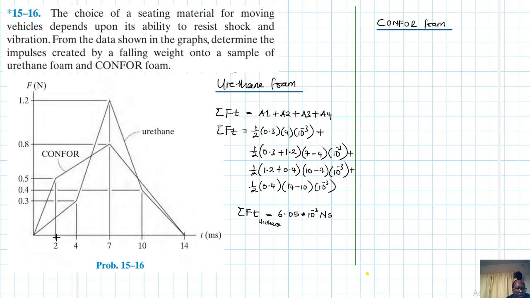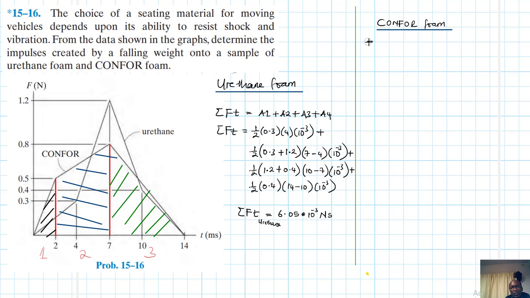We have this area here, and then this one there, right? Let's call this one area 1, this one area 2, then area 3. We have 3 areas, 2 triangles and a trapezoid.